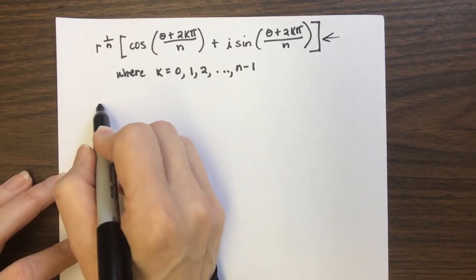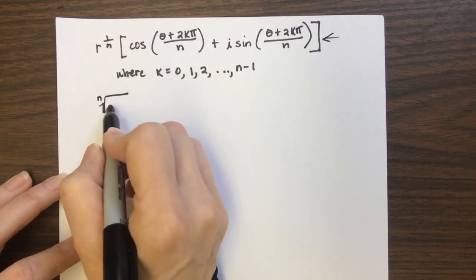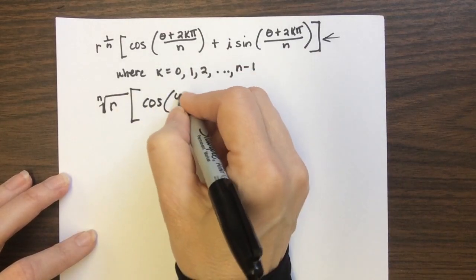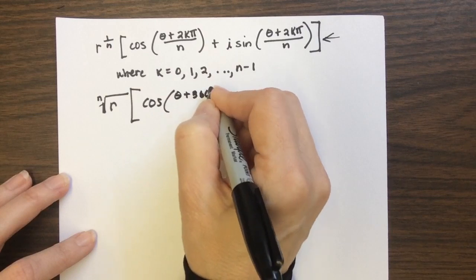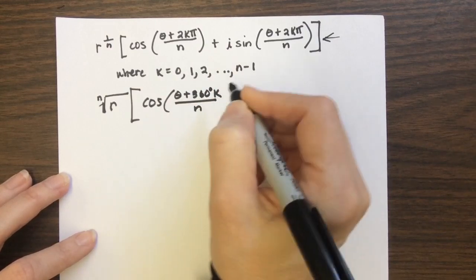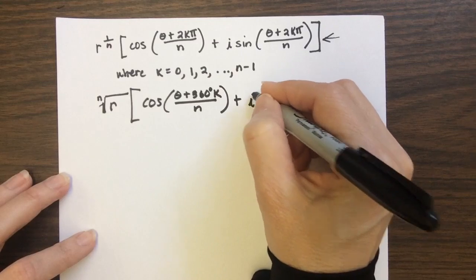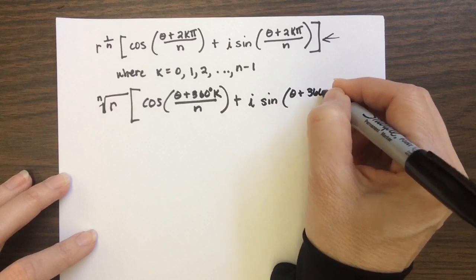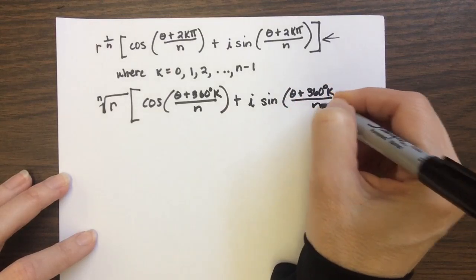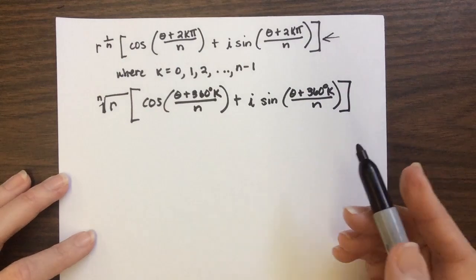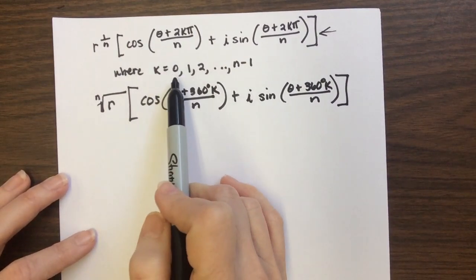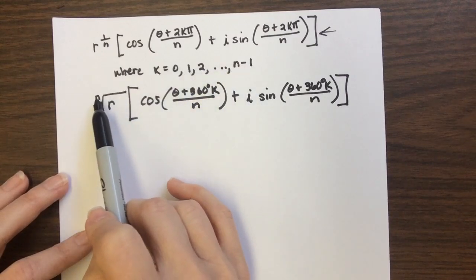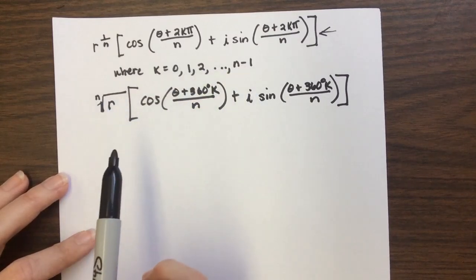So this is actually going to be the nth root of r times the cosine of theta plus 360 degrees times k over n plus i times the sine of theta plus 360 degrees times k over n. Alright, and like I said, k, you start at 0 and you go all the way up to n minus 1. n in this case is going to be whatever root we're looking for.